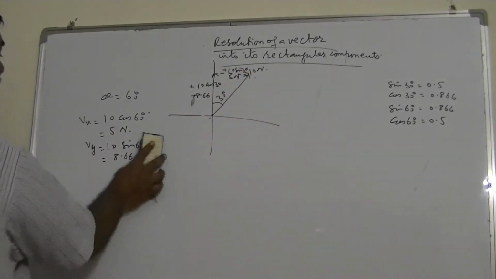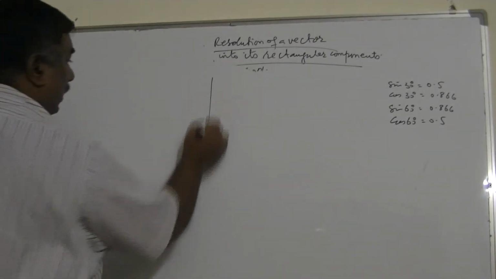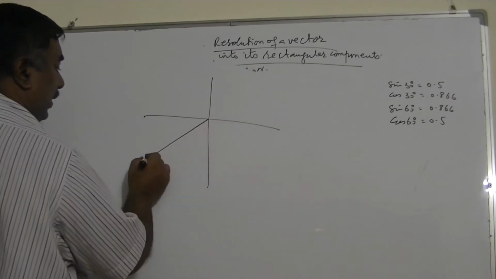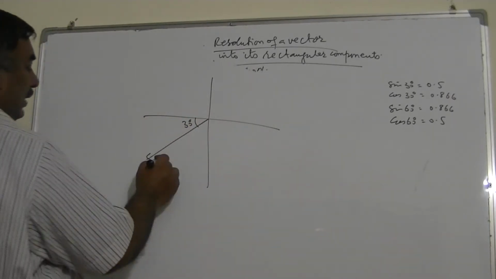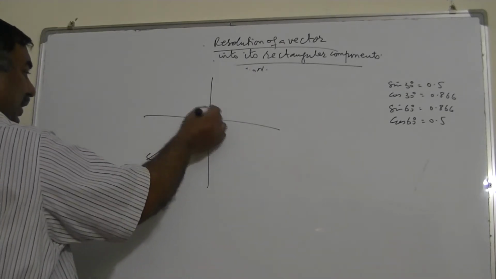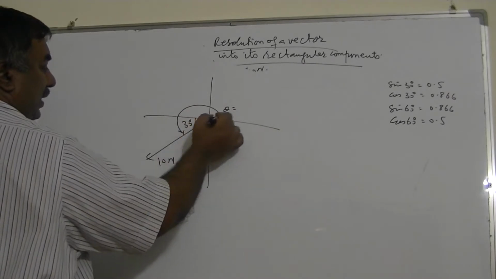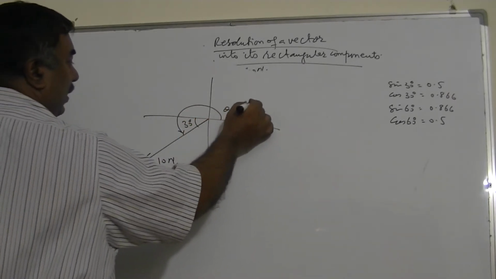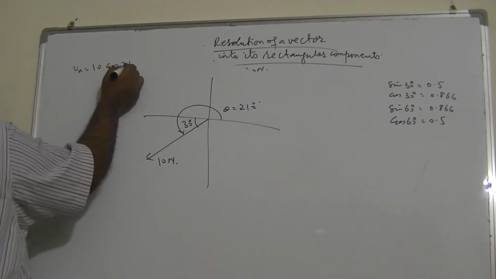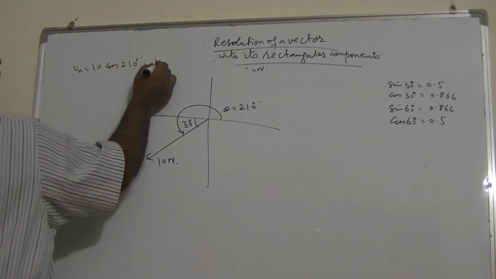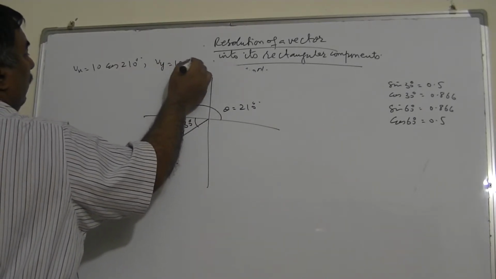Similarly, suppose I am taking the angle with this one. If this is 30 degree taken, and it's the 10 Newton, the general angle theta is actually 180 plus 30, so it's now 210 degree. So the Vx component is 10 cos 210, and Vy is 10 sin 210.